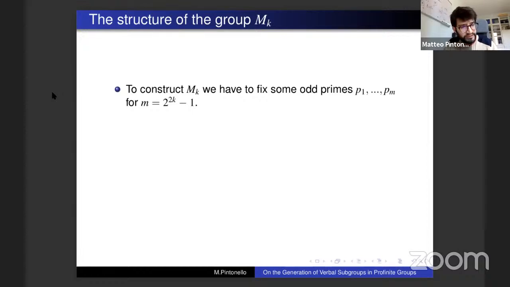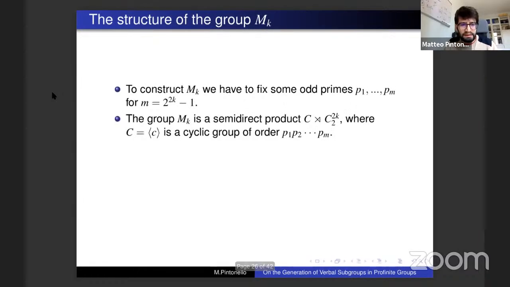So really a lot of primes. And the group N_k is simply a semidirect product, an extension of a cyclic group of order p_1 times p_2 times ... times p_m, basically the product of all these primes. And on top of it, there are 2k copies of a cyclic group of order 2 acting on it.